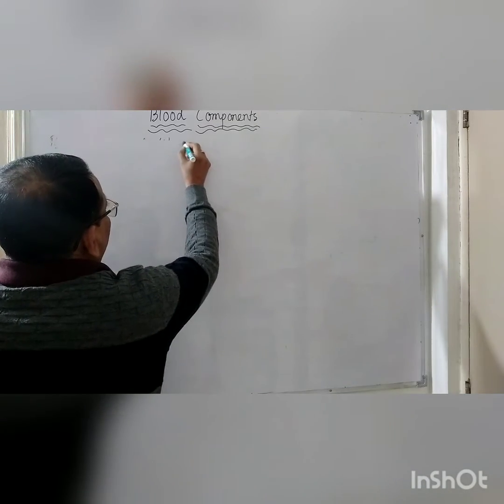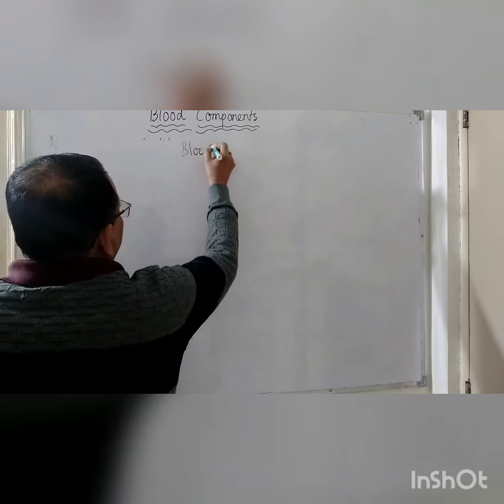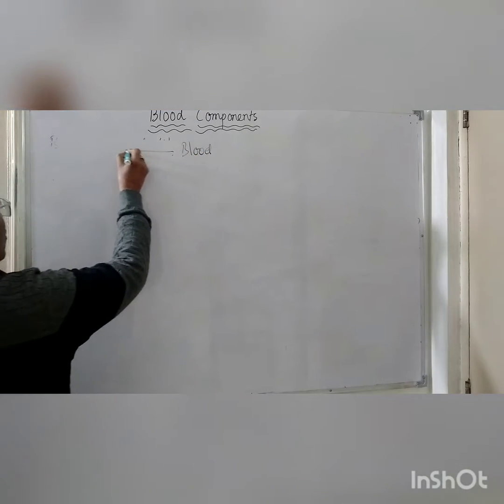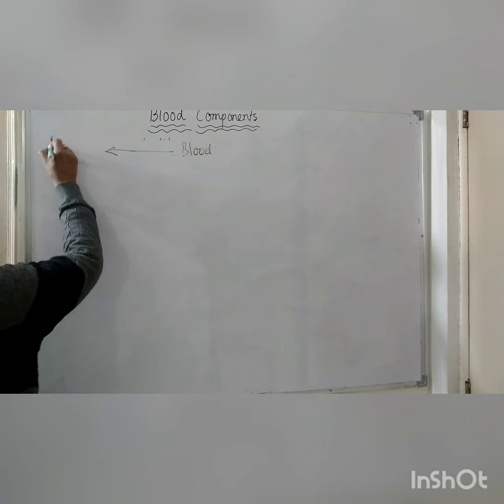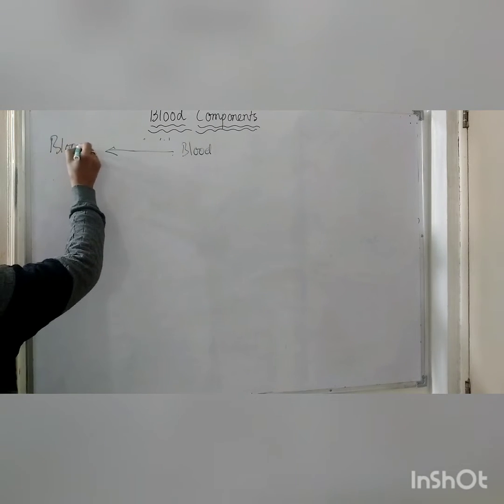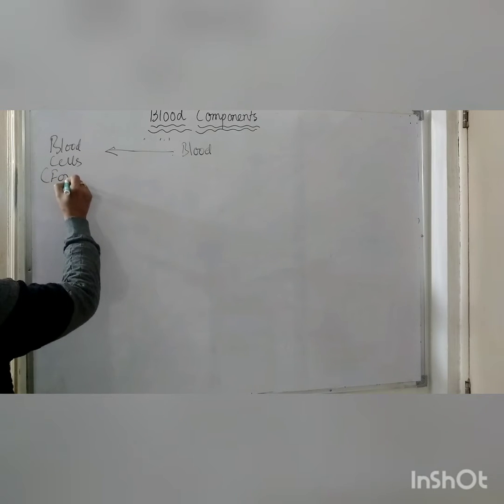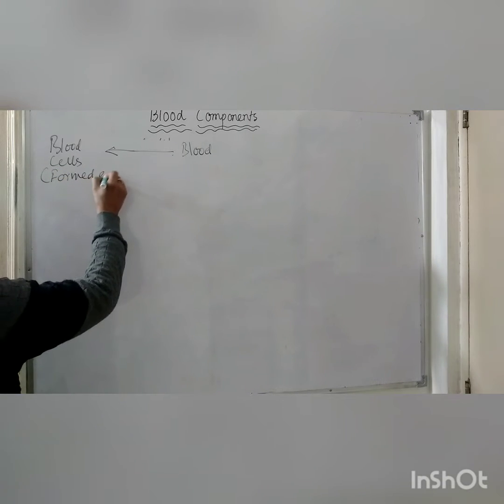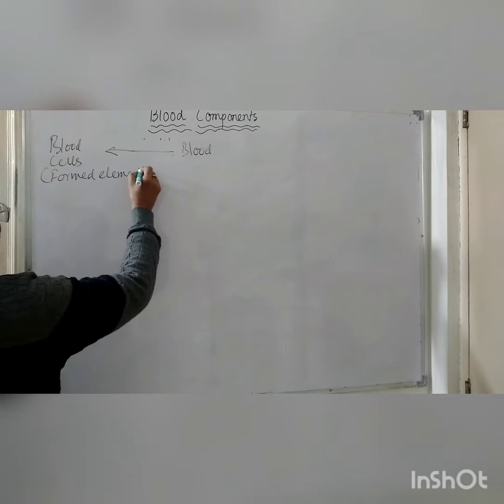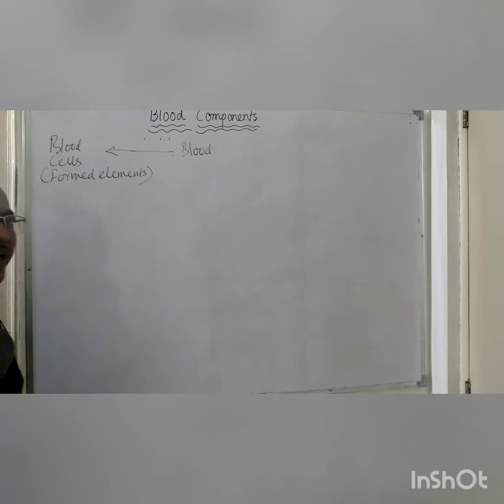So blood is comprised of two major components. One is the blood cells. These are also known as the formed elements of the blood. And why are these known as formed elements?